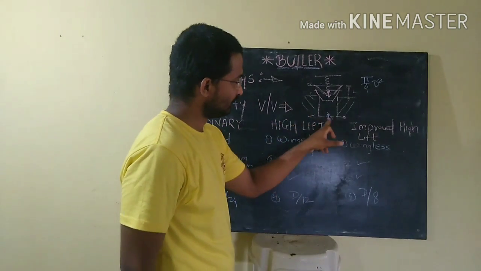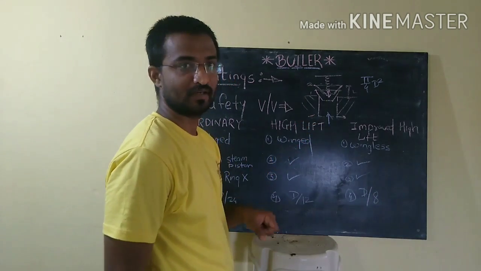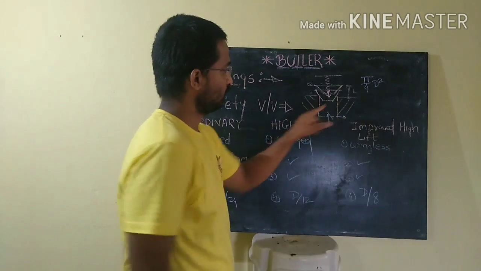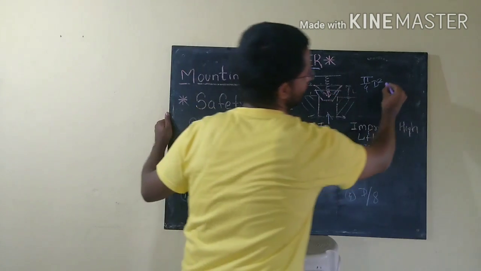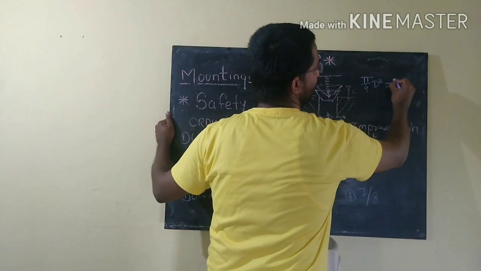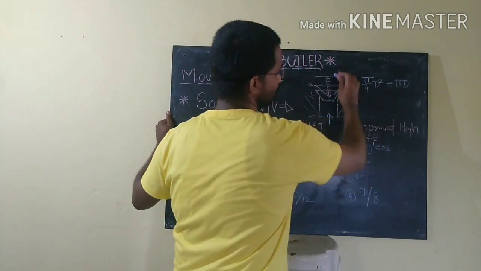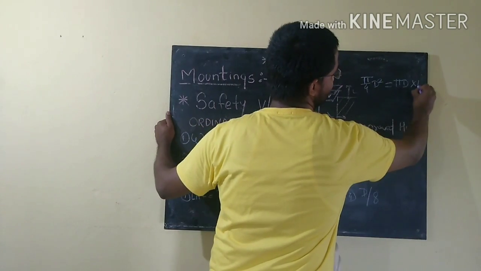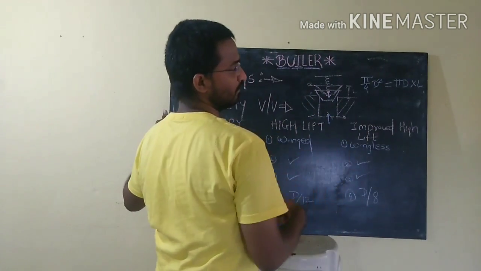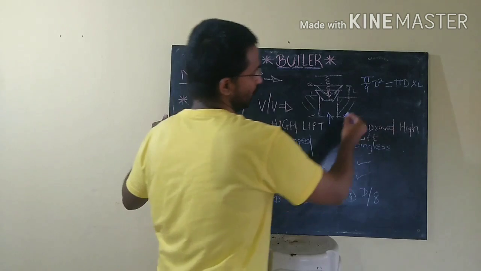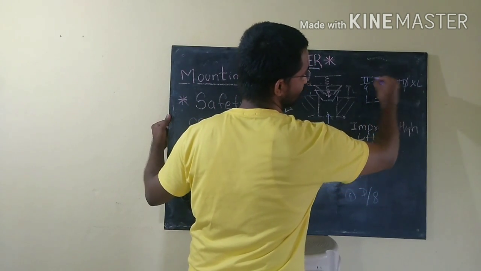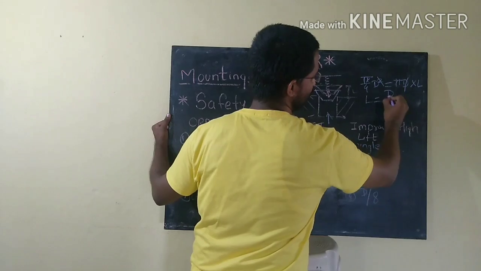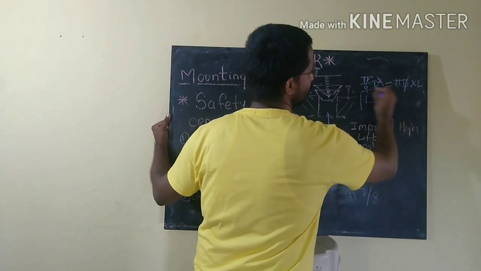To compensate this area, how much lift should there be? The circumference of this valve lid is pi d, and the lift is L. So we can find that to avoid accumulation, the lift should be d by 4, with d and pi cancelling.